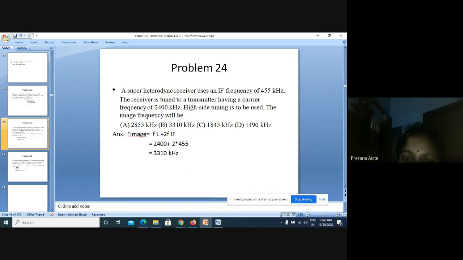So this is a very important equation: the image frequency equals FL plus 2 times the intermediate frequency. Once you substitute, the image frequency will be equal to 3310 kilohertz.